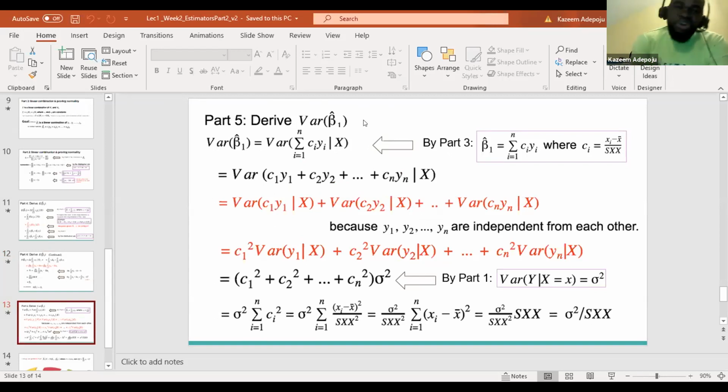Because we have been able to find the mean of beta 1 cap to be beta 1, we also need to find the variance, because the variance of beta 1 cap will enable us to tell how reliable beta 1 cap is. That's exactly what we're going to do, and I'm going to walk you through how to derive the formula to figure that out.